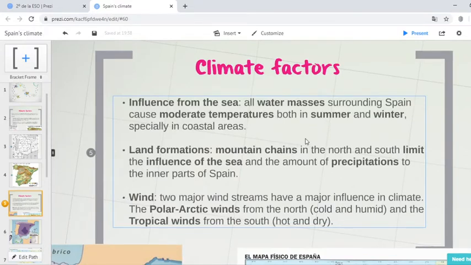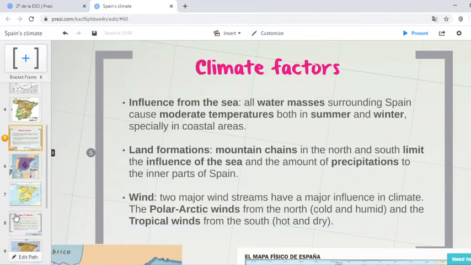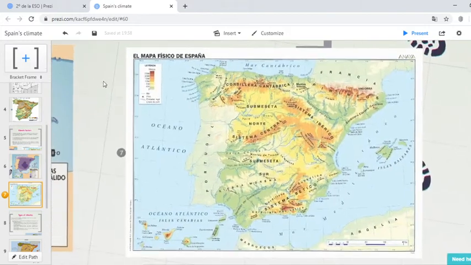Finally, the last factor is wind. The Iberian Peninsula is located in a pretty key area and suffers the influence of a lot of different winds. But I want you to just remember a couple of them. The first one is the polar Arctic winds. Those winds are coming from the north and northwest of the Iberian Peninsula.